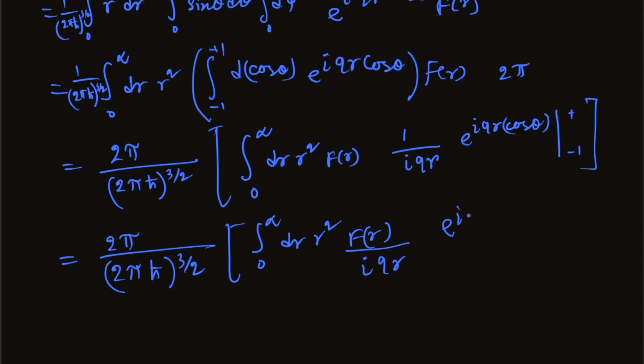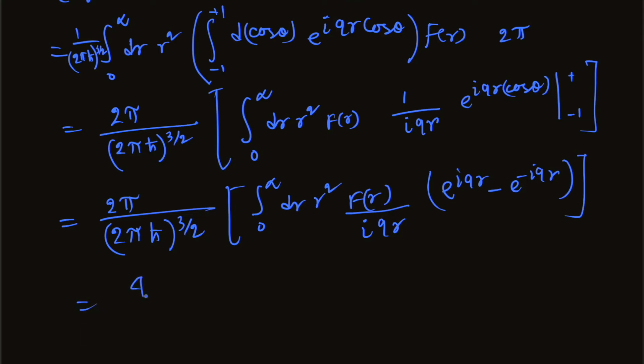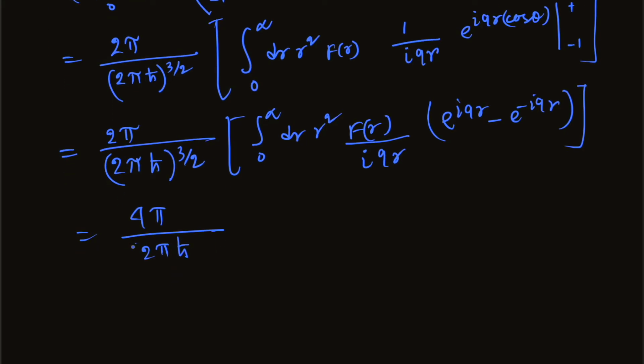This will be e to the power i q r minus e to the power minus i q r. So there will be 4 pi because I take 1 by 2 here. This will be 2 pi h cut to the power 3 by 2, the integral from 0 to infinity dr r square f(r). One r will be cancelled, so there will be no r in the denominator.